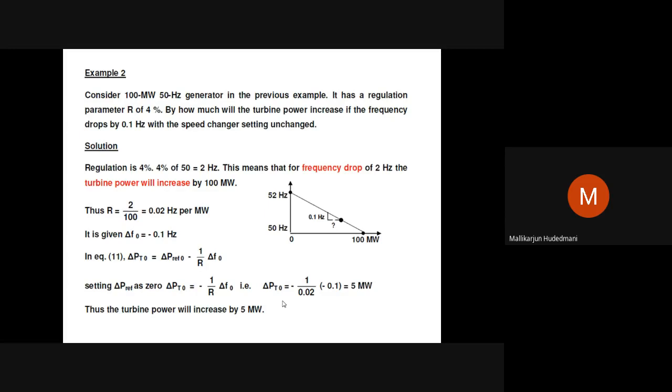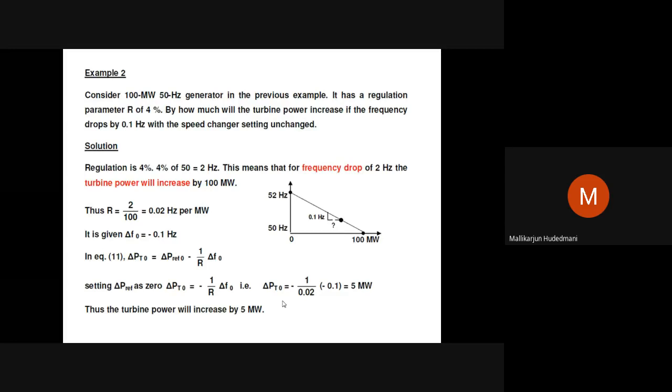I repeat: considering a 100 megawatt 50 hertz generator, the droop of the turbine and governor was 4%. By how much will the turbine power be increased? An increment in power is required.